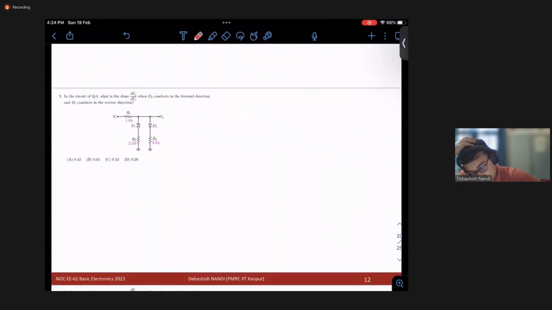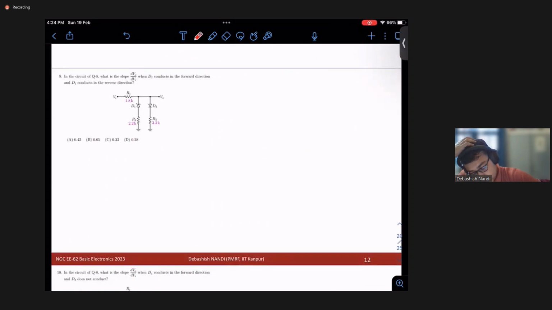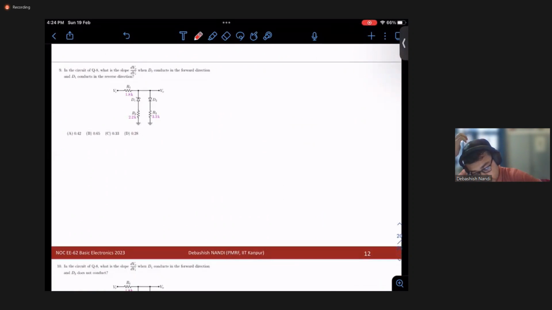Next problem is, in the circuit, what is the slope of this when D2 conducts in the forward direction and D1 conducts in the reverse direction?